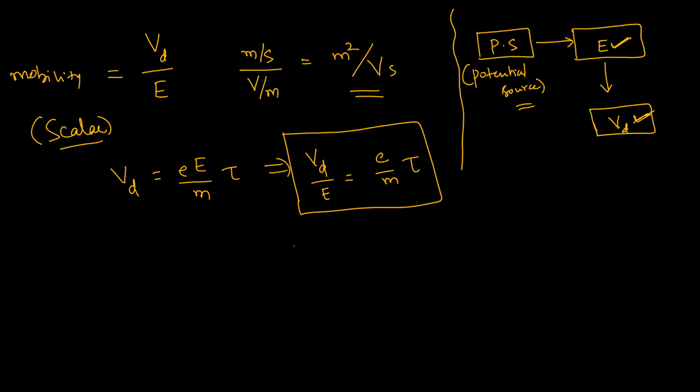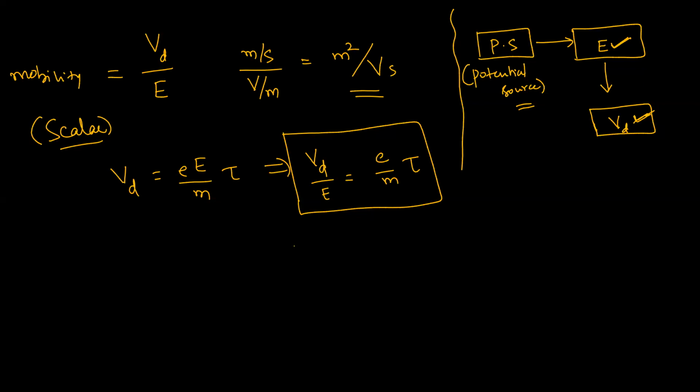Because of this, an electric field is generated, and due to the electric field there will be force, and due to the force there will be acceleration, and due to acceleration you get the final velocity. The average of all those final velocities is what we call drift velocity.